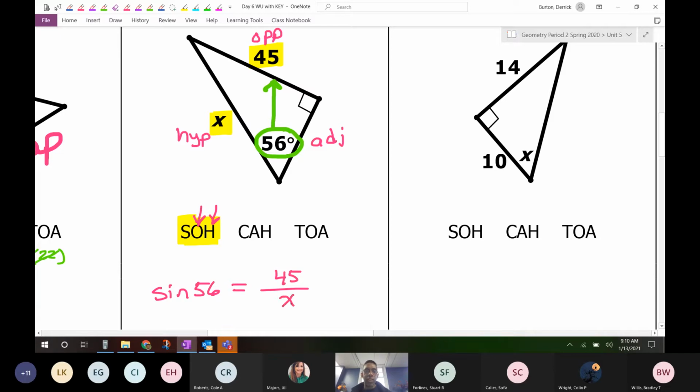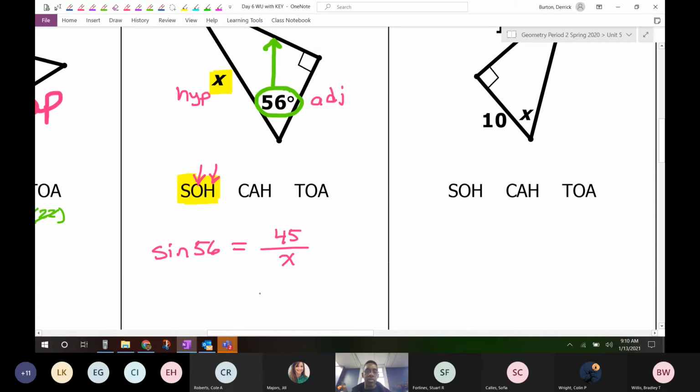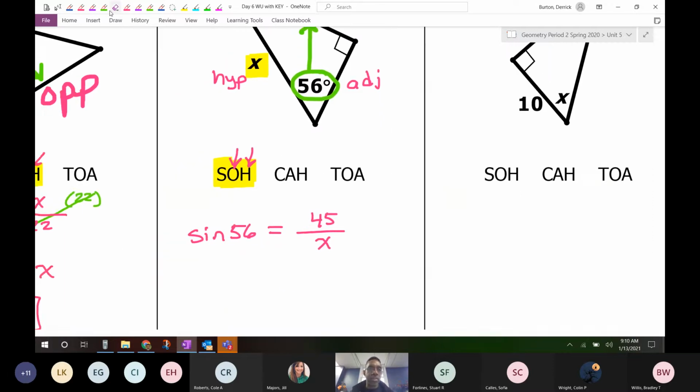We have learned that when the variable is in the denominator, in the bottom, what we do is we swap these. So we're going to take this and this, and we're going to do this. Okay, if we do that, then the x is going to end up over here on the left side. The 45 doesn't move.